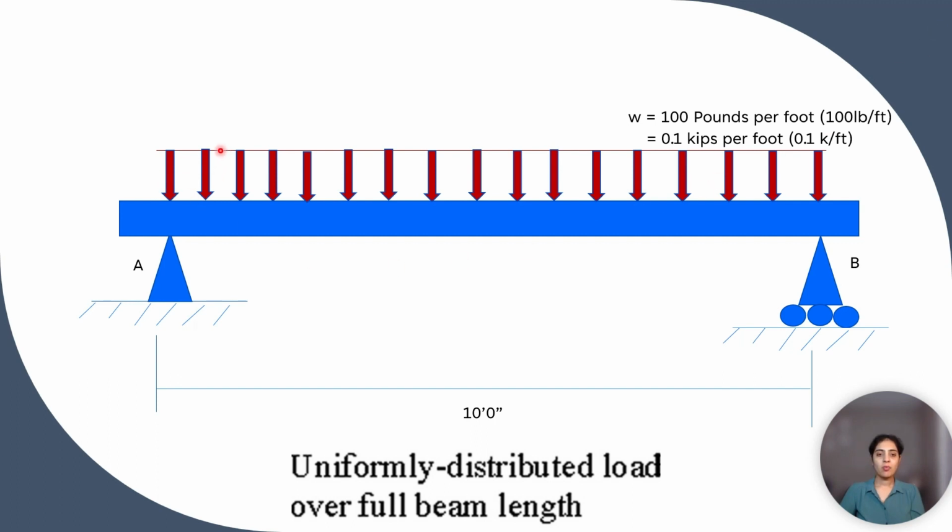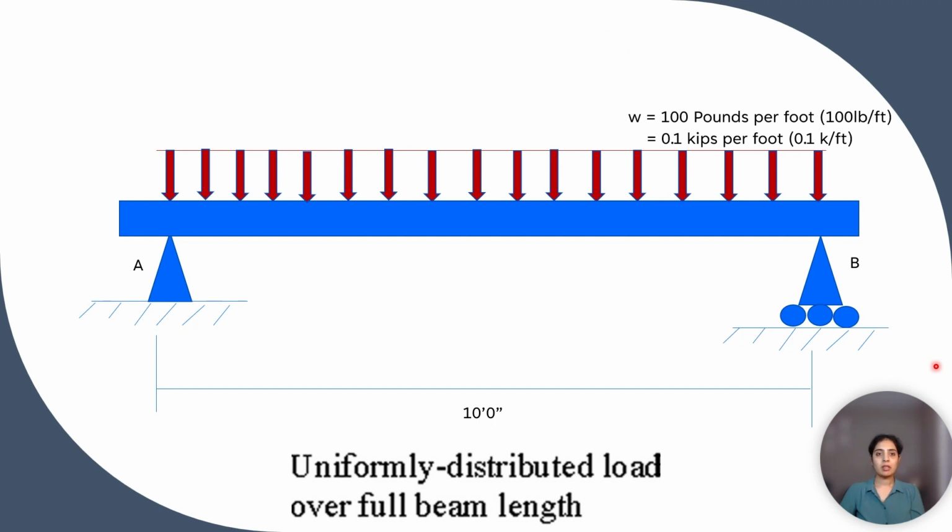Since each 1 foot length of beam carries a 100 lb share of the load, the load is labeled as 100 pounds per foot, or 0.1 kips per foot, or 0.1 k per foot, where 1 kip equals 1000 lb.